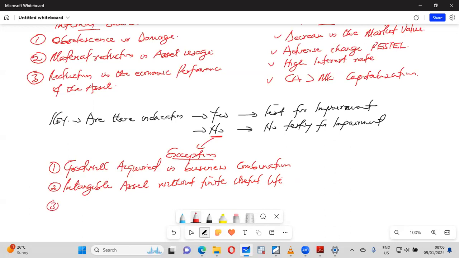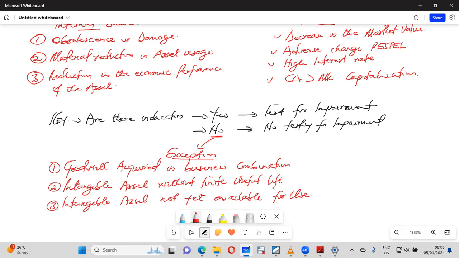And lastly, an intangible asset yet to be made available for sale, or not yet available for use. And please, these three things, if you are writing an FR paper, you have to take note of them because they are highly examined. All right, so that is that.